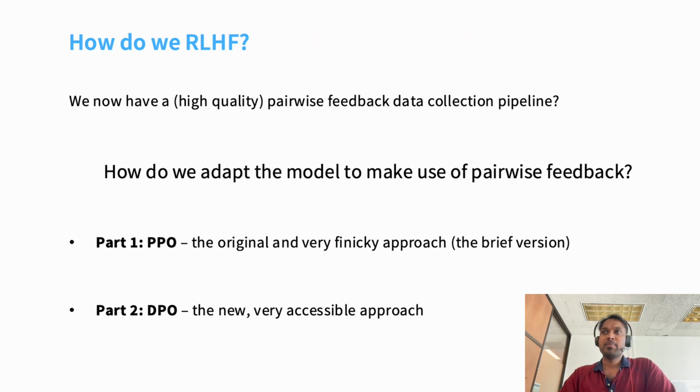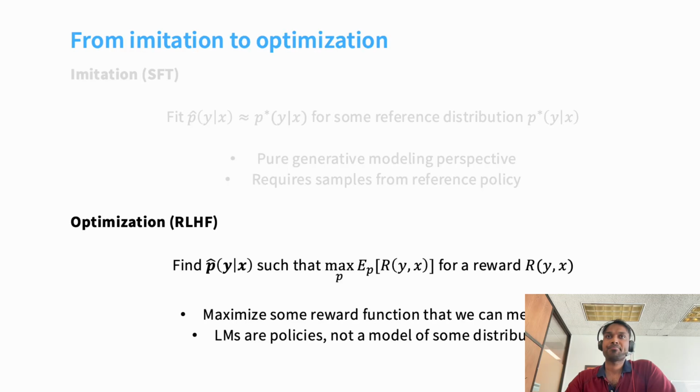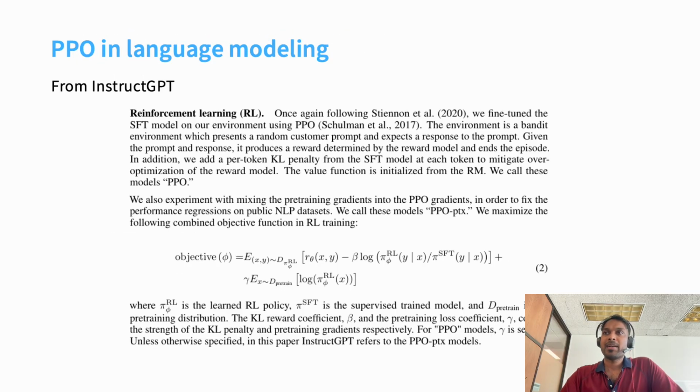So now let's talk about the methods. Now that we have hopefully high quality pairwise feedback data, how do we adapt our model to make use of this pairwise feedback data? We're trying to find a policy that optimizes the expected reward for some reward function. And we look at what this reward function is and what this maximization process is. So here is the maximization objective from the InstructGPT paper. We are trying to sample some pairs x comma y from our policy pi, and then maximize the reward function r(x, y).